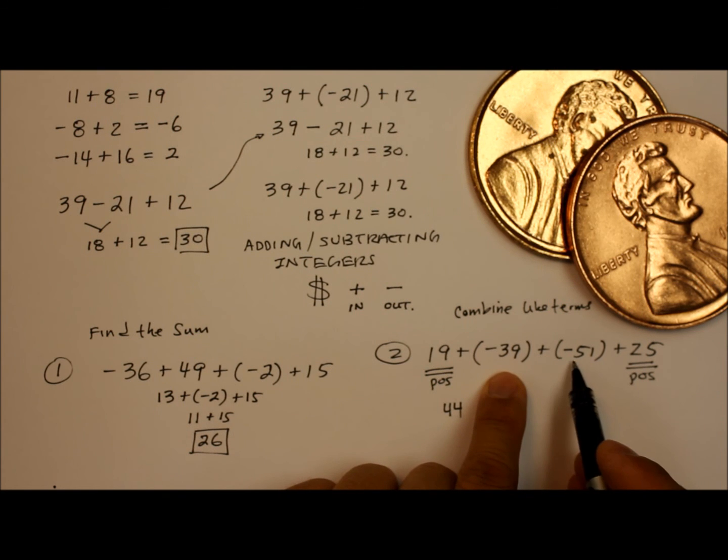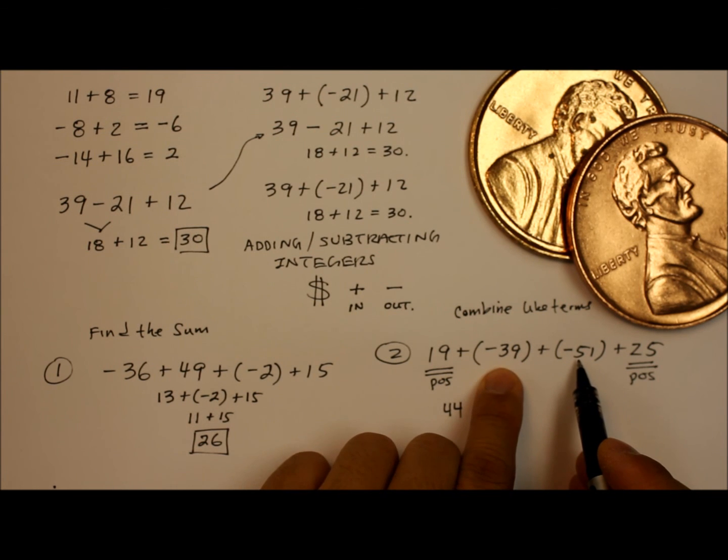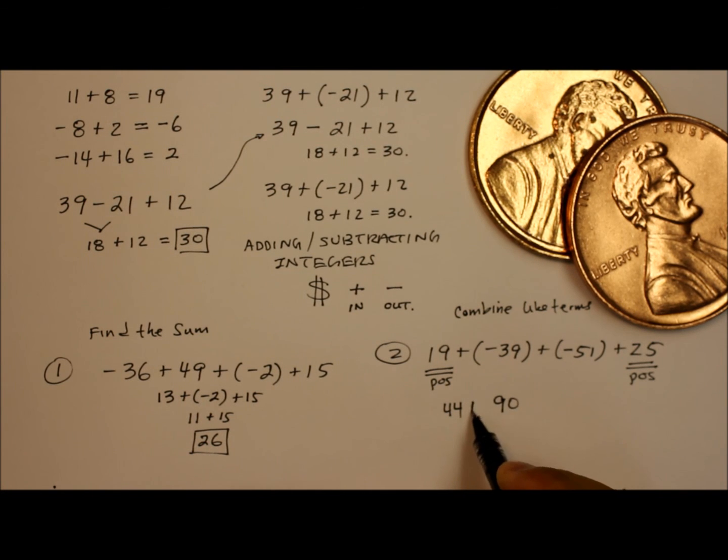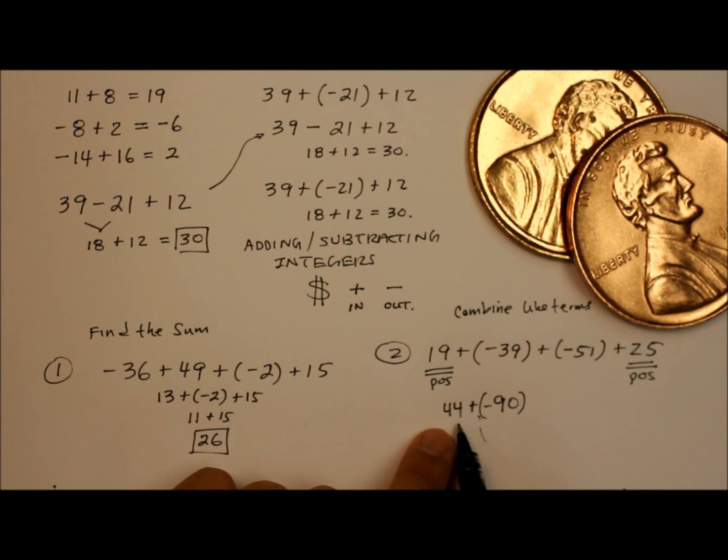Now here's a minus and here's a minus. Here's a negative, negative. This is where we take the money out. How much did we take out total together? Well, 39 and 51, it should be 90. So plus negative 90. So here's 44.